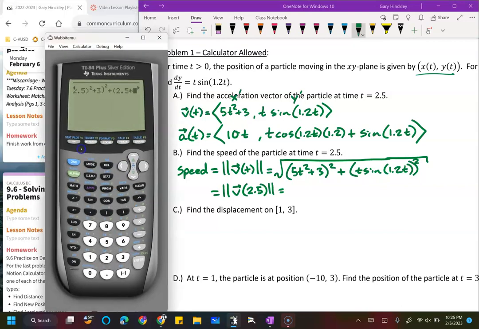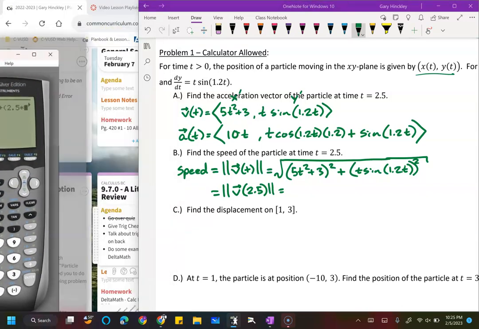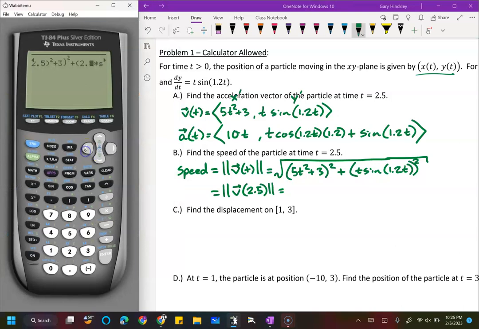Close out the sine, and that should be good, right? I think so. So equal that out, and we get 34.252. And that's going to be our speed.